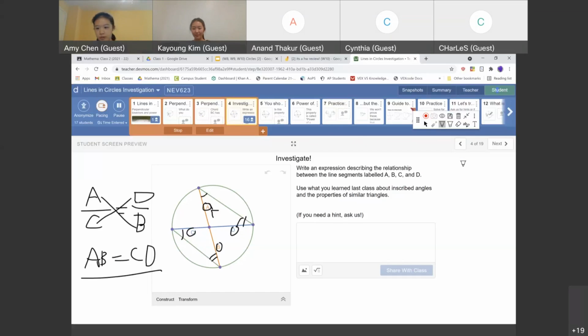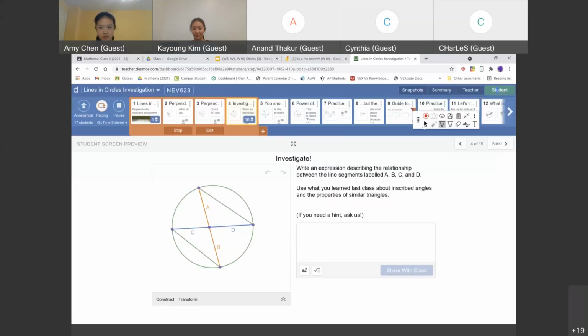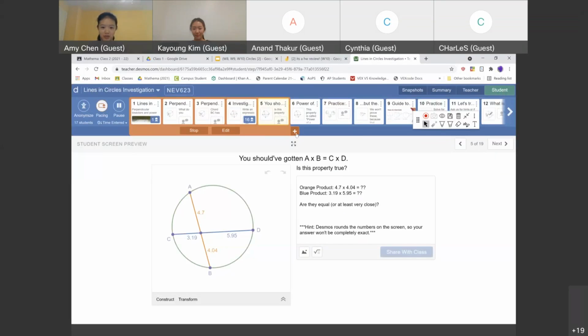Does anyone want another explanation? Okay, Kyung, do you think I could move on? Yeah. Okay, so this proportion is very important because this is the beginning of the theorem known as power of a point.